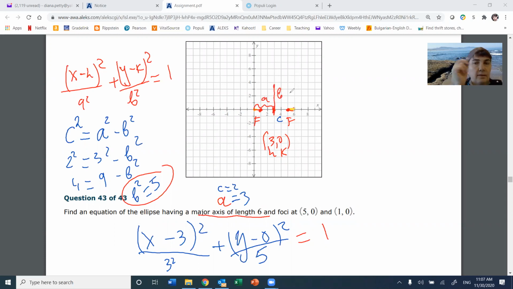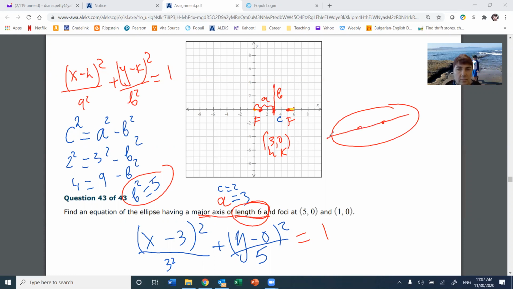So when it tells you the major axis, the longer one, it didn't tell you a. It tells you the whole axis, the length of the axis. If you drew it here, you get the foci.